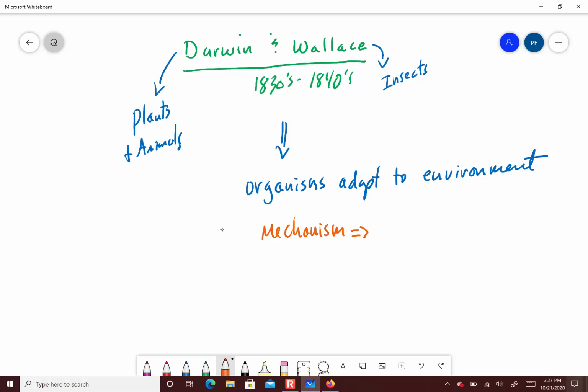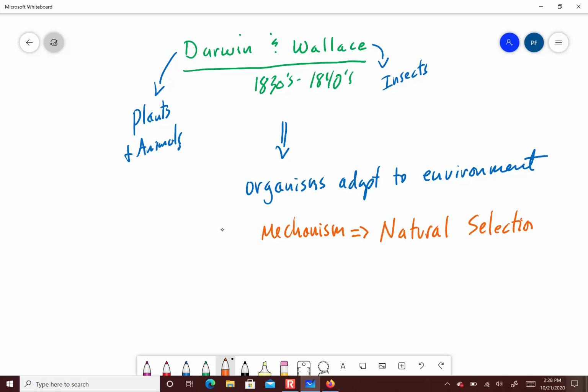The idea of what's causing these organisms to adapt. With Lamarck, we mentioned this was something called inheritance of acquired characters, which I told you was not correct. It can't be correct because it's not genetically influenced, right? So the mechanism here with Darwin and Wallace is natural selection.